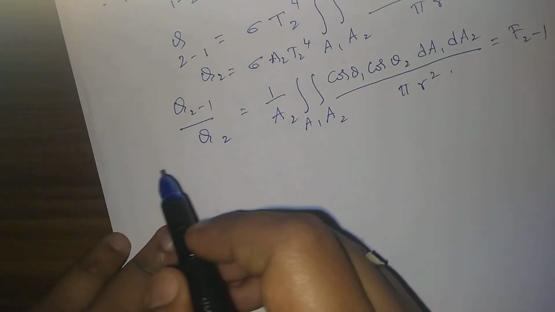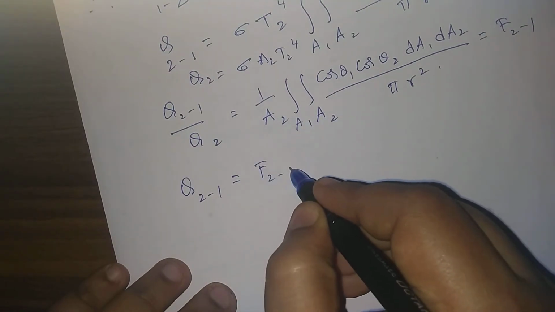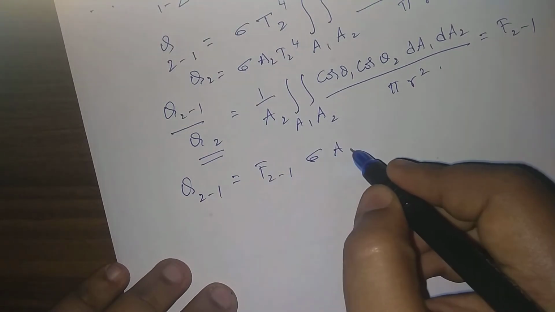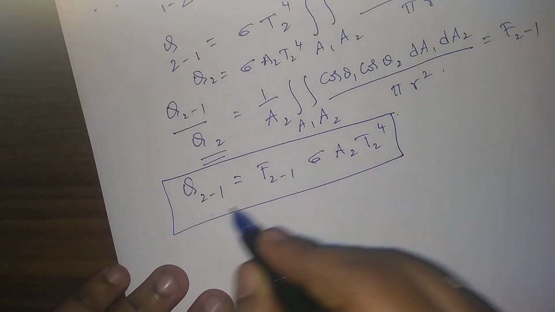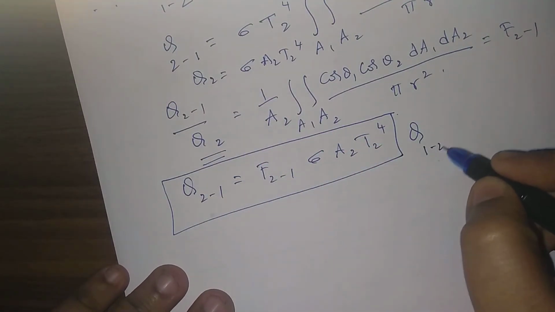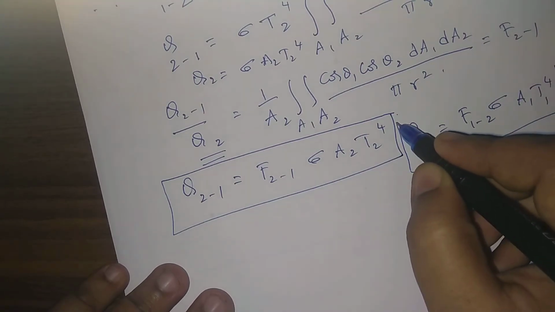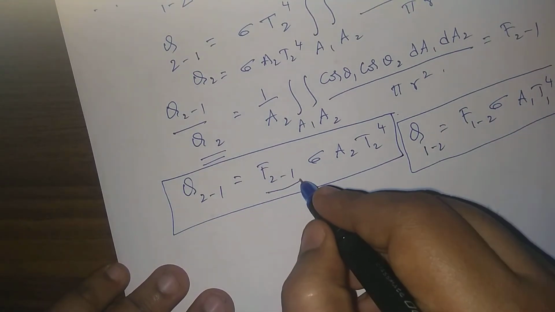So now if you try to write it, it is equal to F2→1. What is Q2? Just substitute it: sigma A2 T2 to the power of 4. And basically for 1 to 2, what is that? F1→2 sigma A1 T1 to the power of 4. So basically what is this?